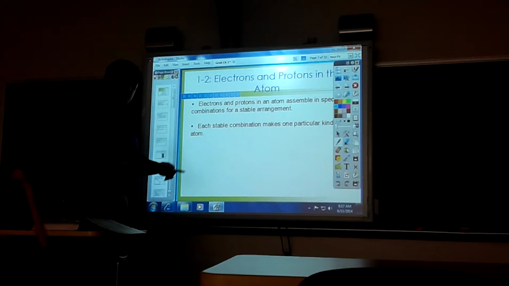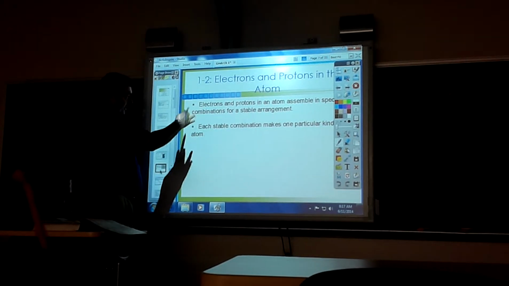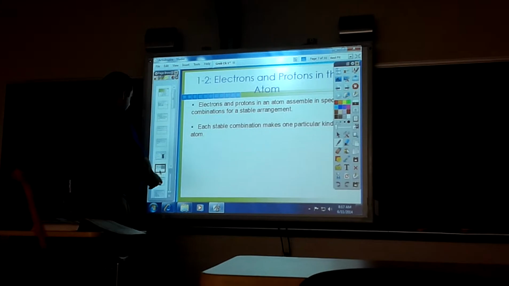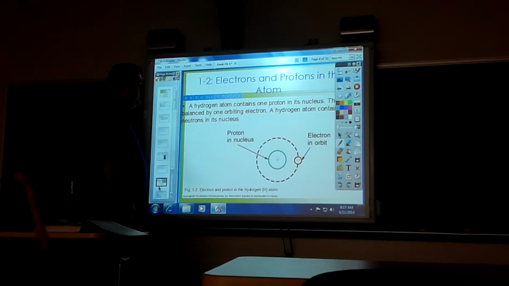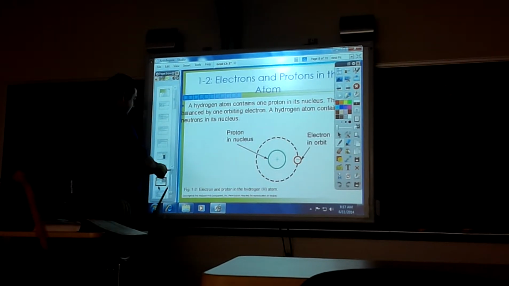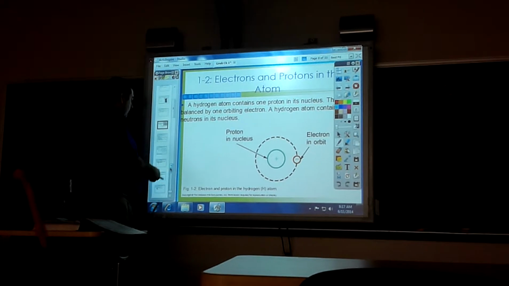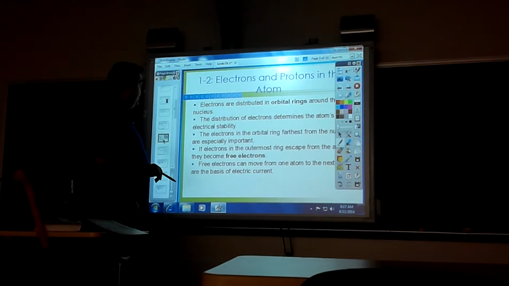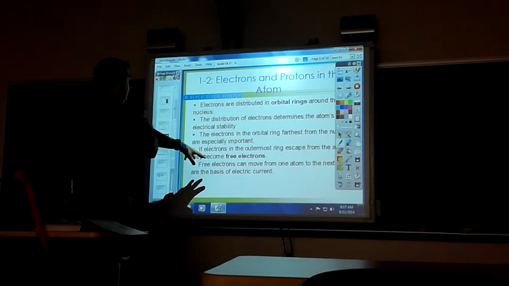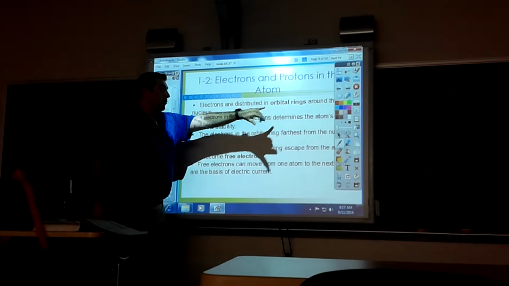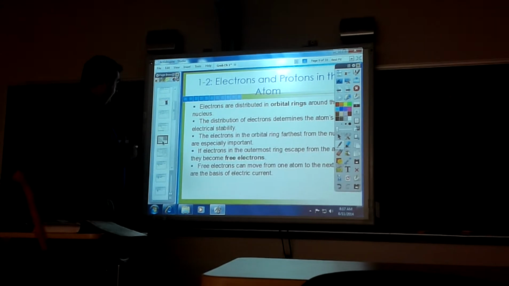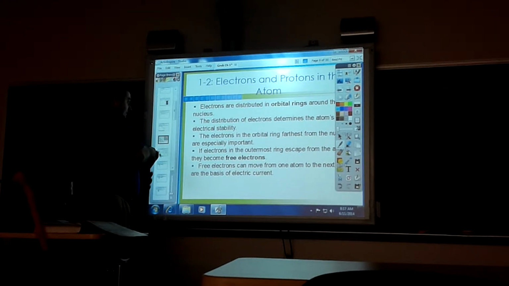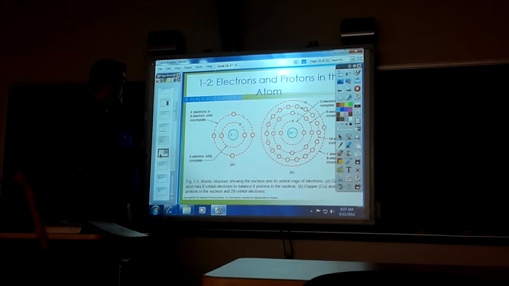All right, so the arrangement of electrons and protons. Now what we're really looking for, though, is more of an unstable arrangement if we're wanting a conductor. The arrangement of electrons distributed in the orbital rings around the atom determines the stability of these atoms.